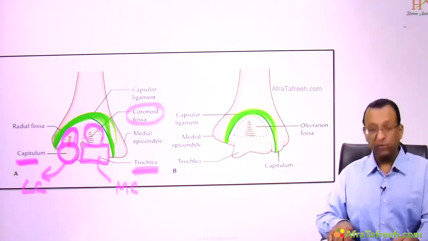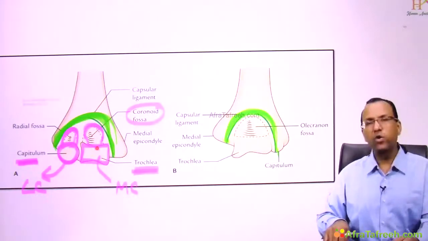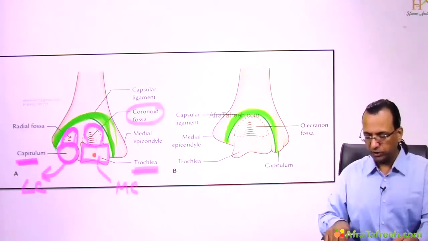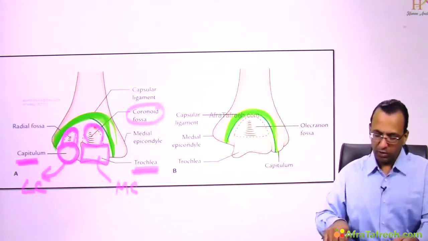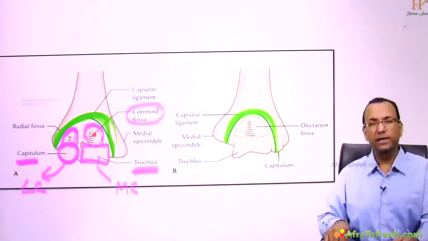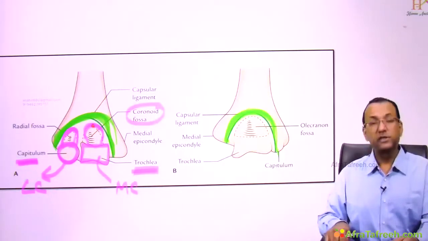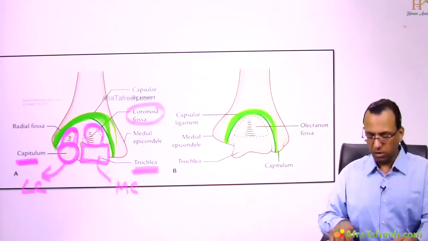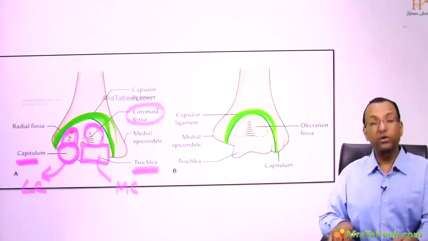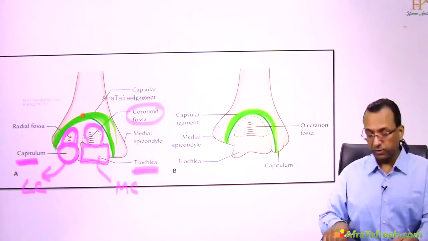The ulna has a trochlear notch on the trochlea and the coronoid process in the coronoid fossa. The trochlea and coronoid process for the ulna, and the capitulum and radial fossa for the radius, are intracapsular.